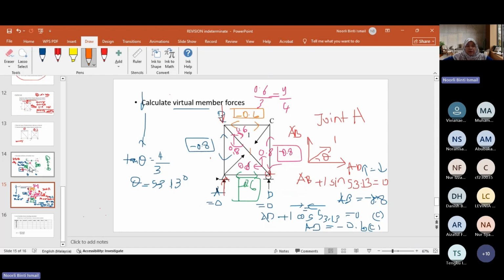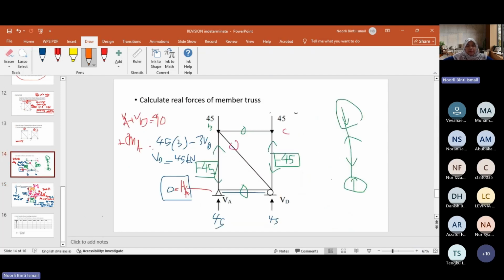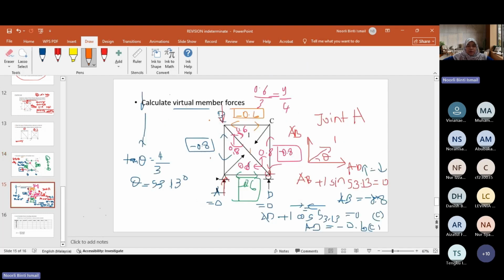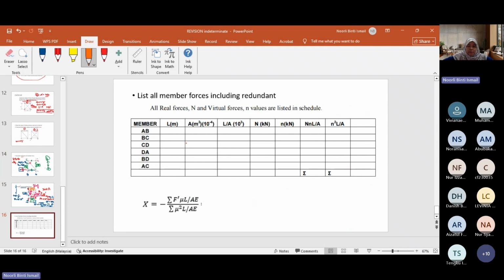Okay, so now you already have two set member forces, real and virtual. So after you get this, you list in the table. Must list in the table. Okay, bukannya you bahagikan je, tak boleh. Macam test you tu salah. Okay, for test is not indeterminate. Okay, that one is determinate.